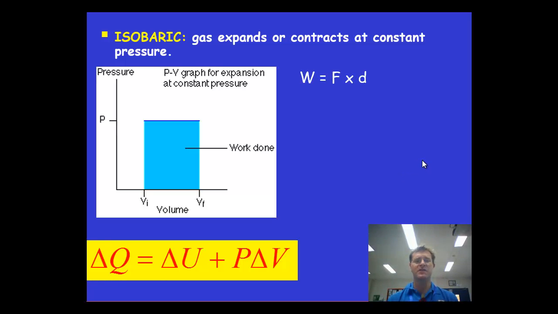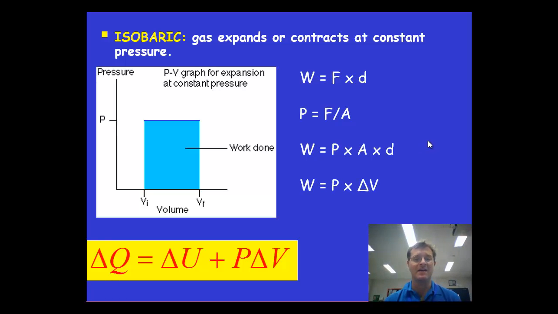We know that work is force times distance. And we know that pressure equals force divided by area. Now that means that pressure times area is equal to force, so work is equal to pressure times area times distance, and that simplifies into pressure times the distance travelled, in this case the change in volume as a whole.